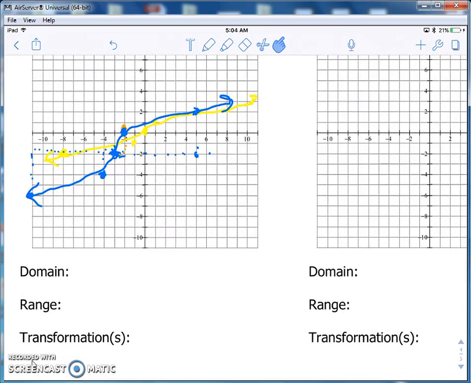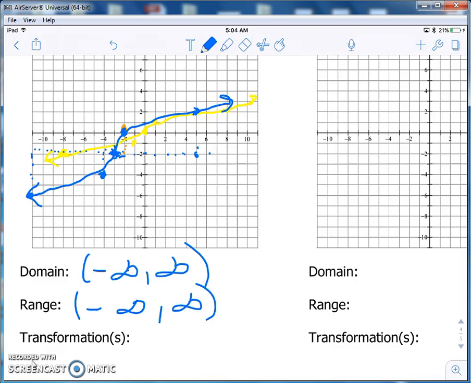Alright, so our domain is negative infinity to positive infinity. X can be any value. Our range is negative infinity to positive infinity.